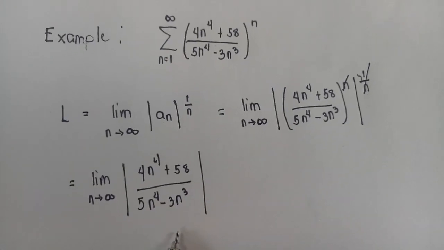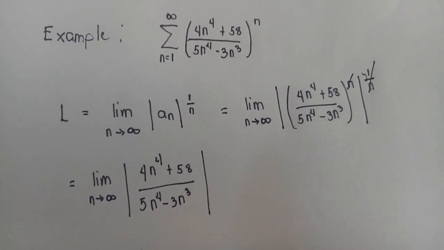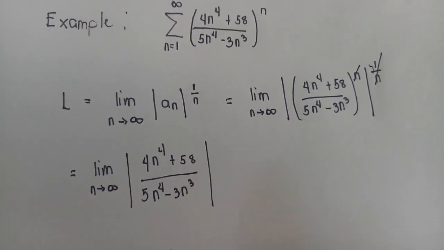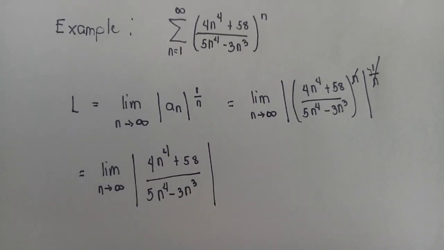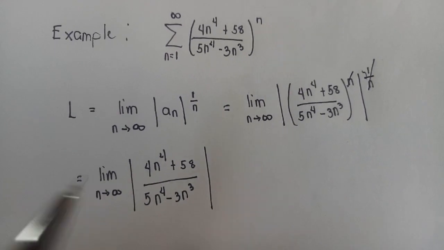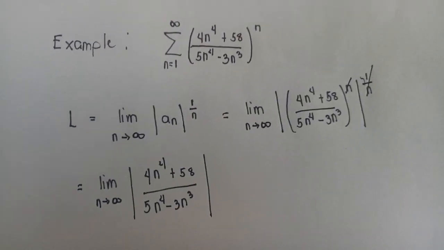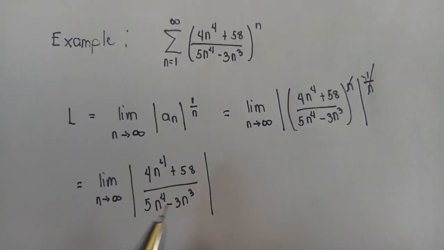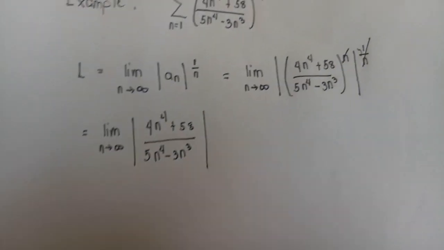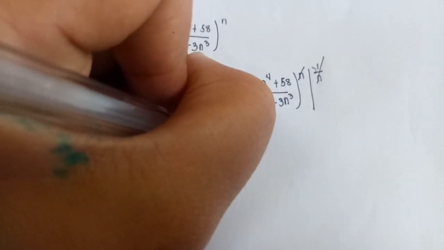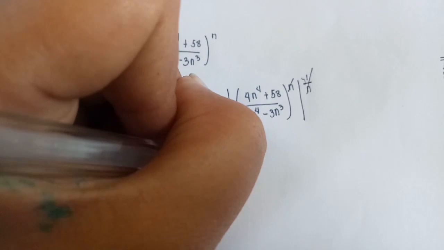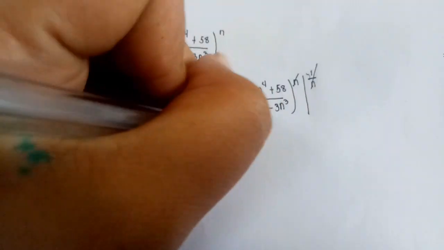In this equation, we follow the statement for the root test to take the limit of the absolute value of the terms in the series so that we can get the answer. So as n goes to infinity, the limit is 4 over 5.